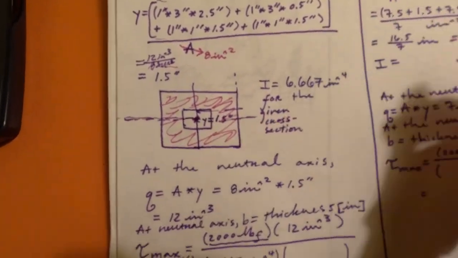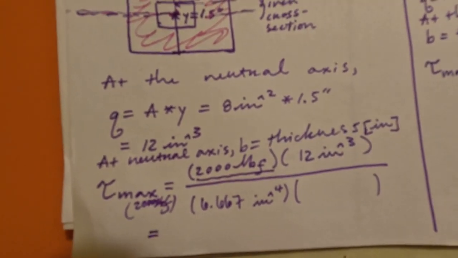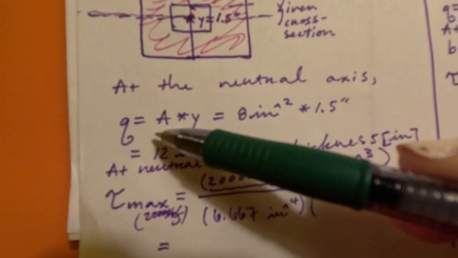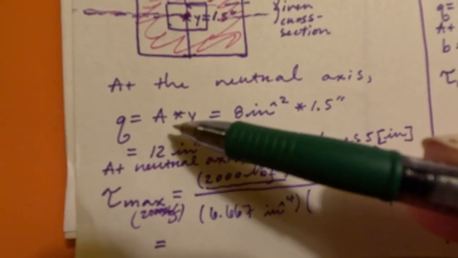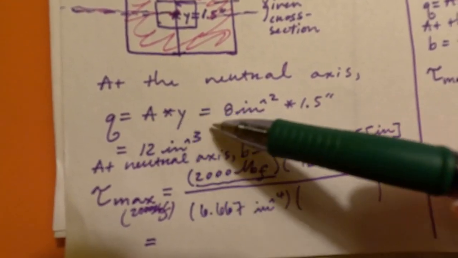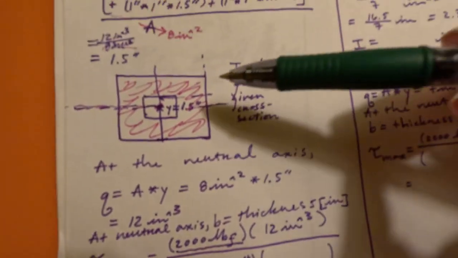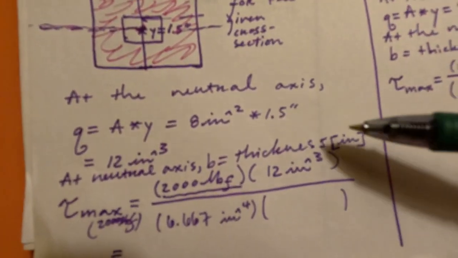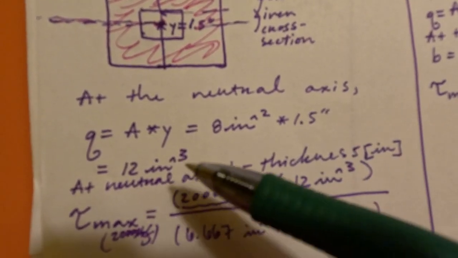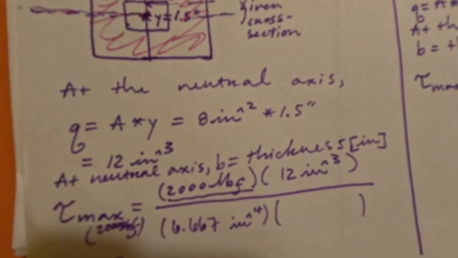So at the neutral axis, we have the Q value, which is our first moment of area. That is equal to the overall area, which was 8 inches squared for this one, times the y value, the neutral axis in the y direction, which came out to be 1.5 inches. So then we have 12 inches to the third. What does that mean? Inches to the third.